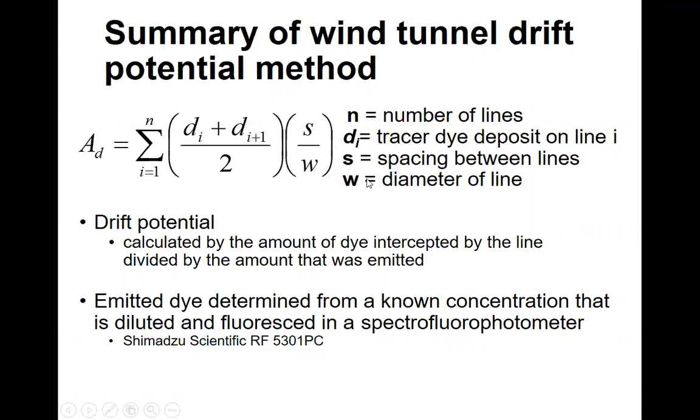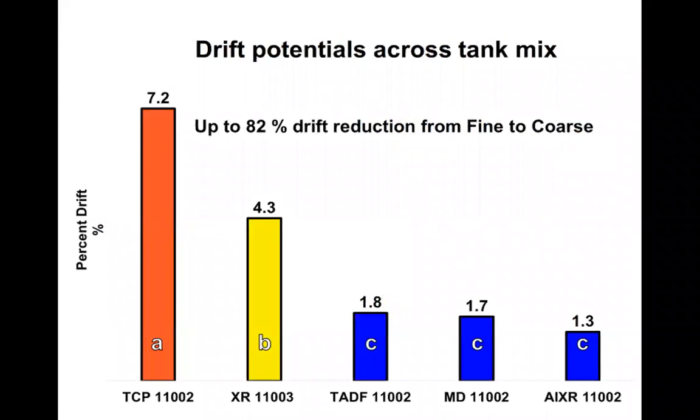Then they are able to calculate the drift potential using a mathematical formula, because they know the diameter of the line, the distance between the lines, the amount of dye they recover, the number of lines, things like that.